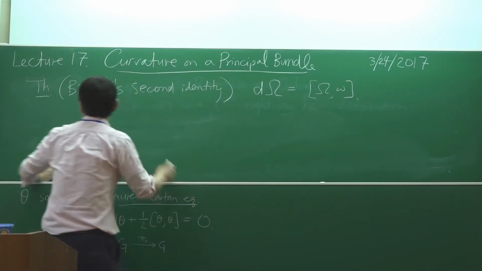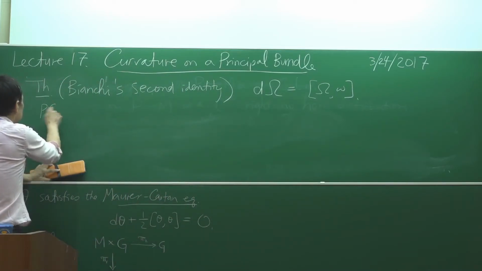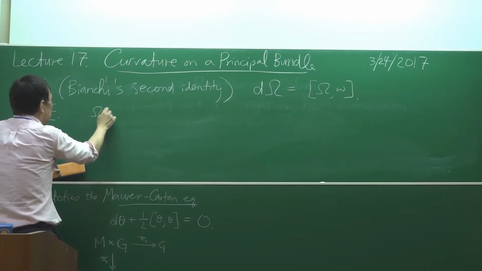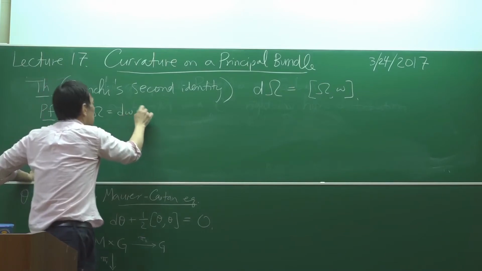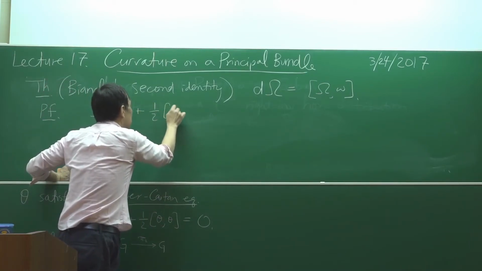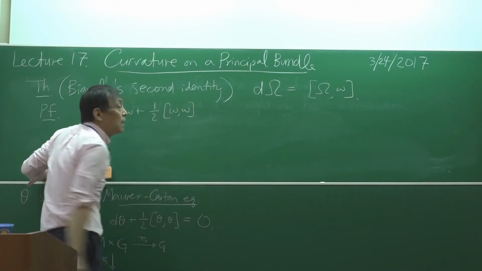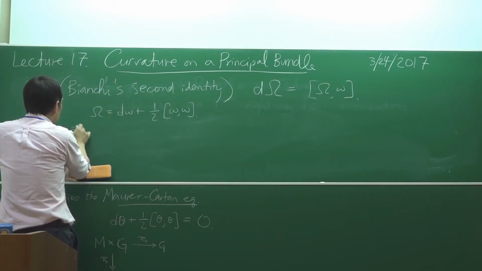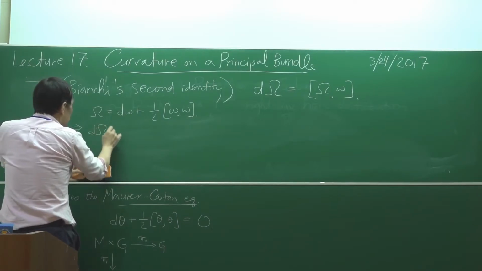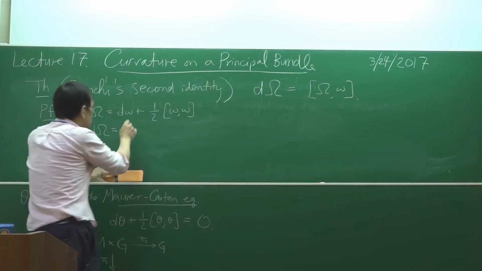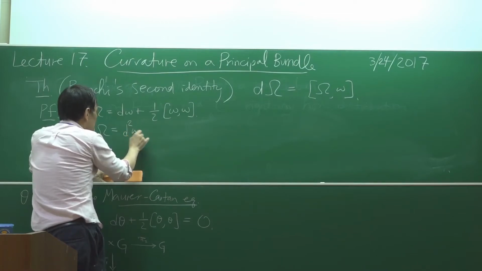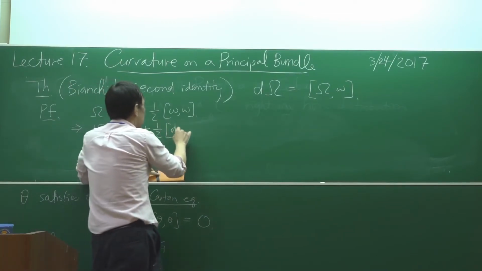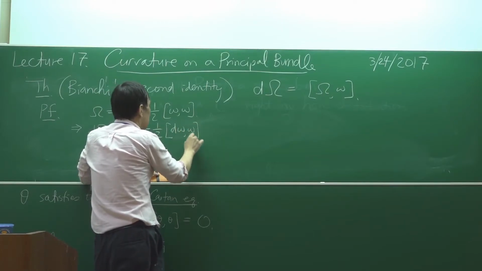Okay, so let's prove this. Omega is d omega plus 1/2 omega omega. And therefore d omega is d squared omega plus 1/2 d omega omega.